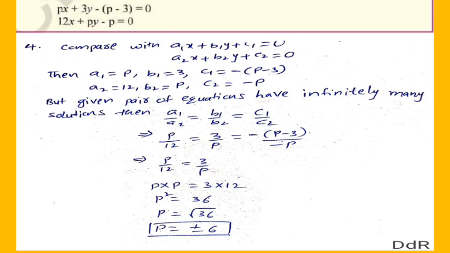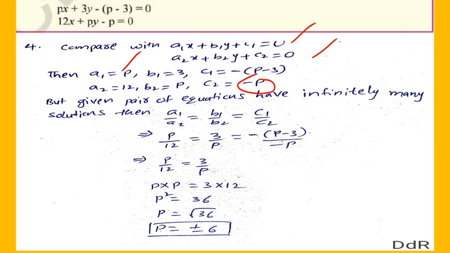Compare with the standard form of a pair of linear equations. a1 is p, a2 is 12, b1 is 3, b2 is p. c1, the constant term in the first equation, is minus (p minus 3). c2, the constant term in the second equation, is minus p.